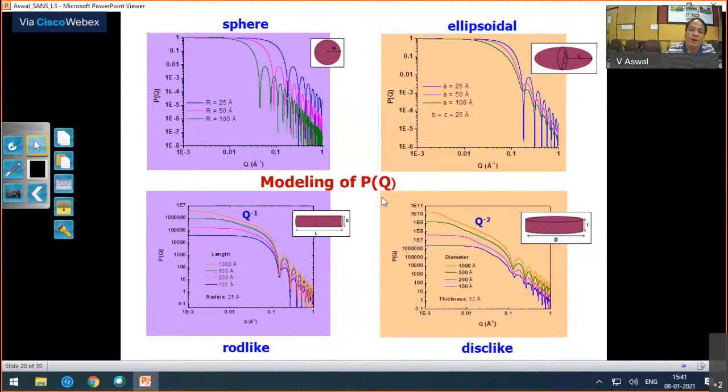So how do you model the form factor? You have different functionalities of form factor. Many times, looking at your scattering pattern, you can come to know what could be the possible structure in the system.